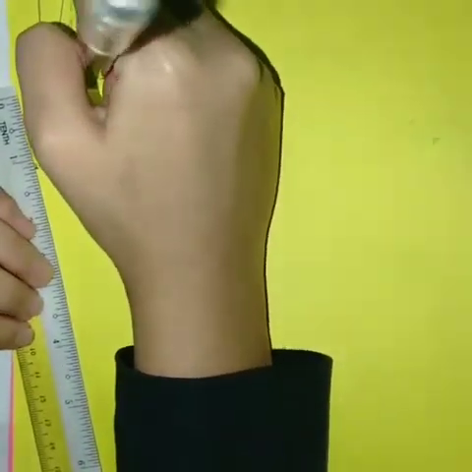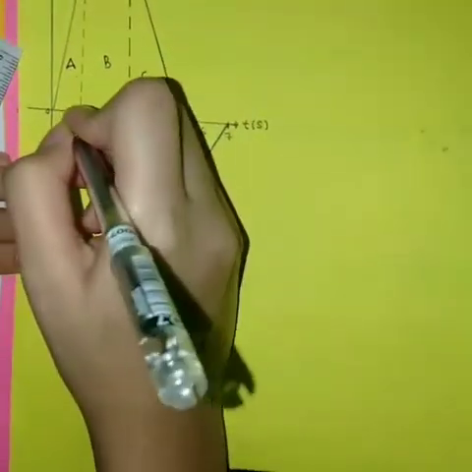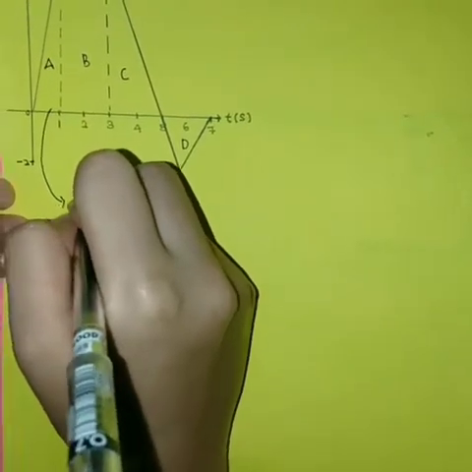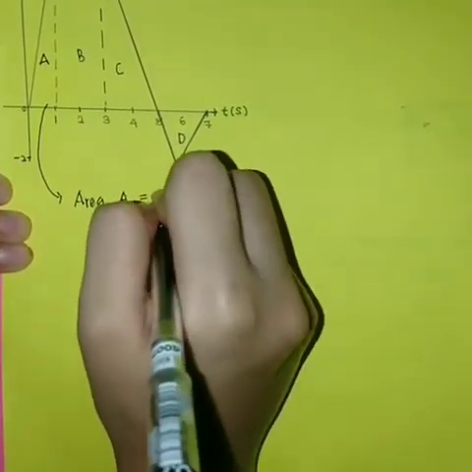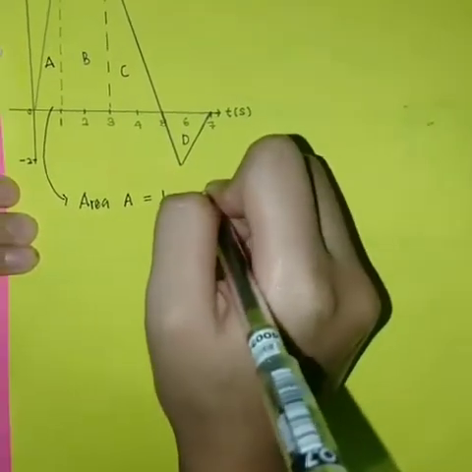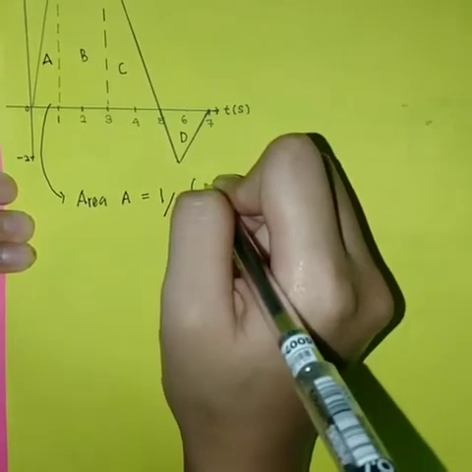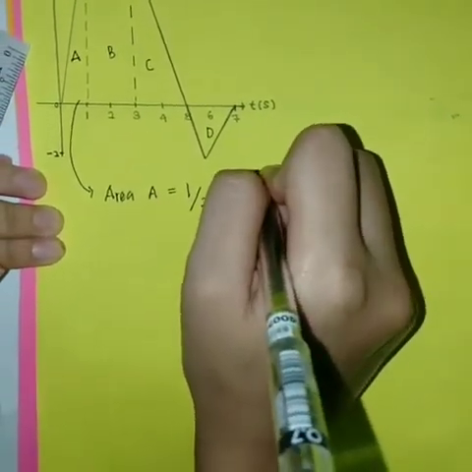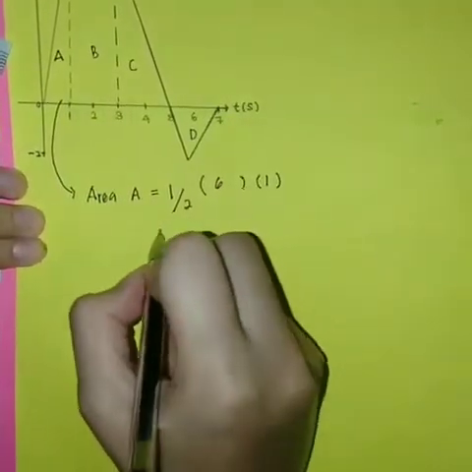So B, C, and D. Okay, for the A, we use 1/2 6. Okay.